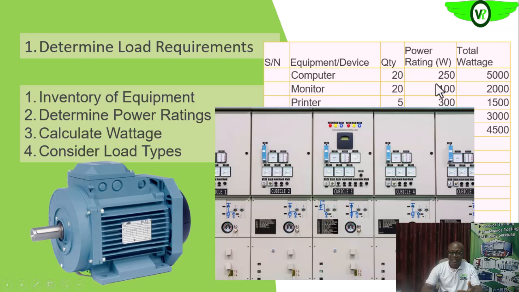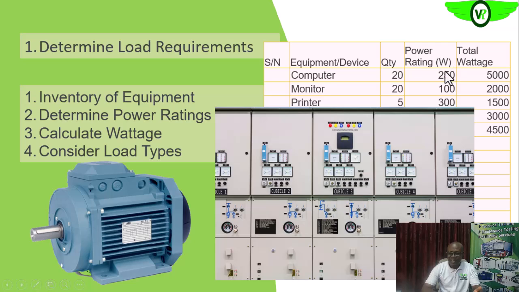Are you getting it? So if you know that the starting current is say 1.5 times more than the normal current, or 2 times the normal rated current, of course you want to add that.